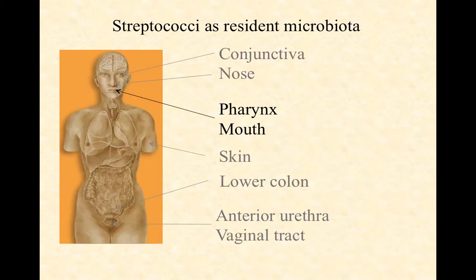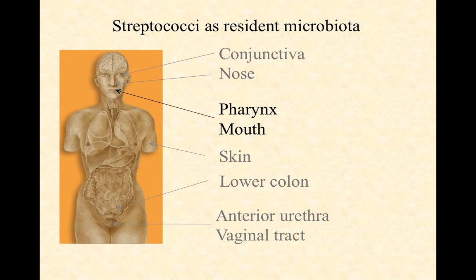All right, streptococci can be found all over the human body, but they are most often found in the pharynx and in the mouth itself. In fact, most of what we find in the oral pharynx is in fact various species of Streptococcus. They can be found in the conjunctiva of the eyes, sometimes in the nose. They can be found transiently on the skin or in the lower intestinal tract as we swallow them and they pass through.